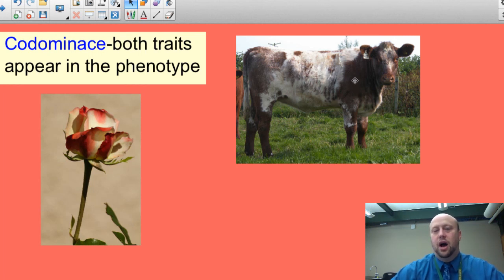You've got red fur and white fur, but it's in splotches all throughout. In fact, if you even looked in the red part, you would see a little mix of each, and obviously you can see a little mix of each here. So it's not a blend of the color to get a lighter color that's both of them, but instead they're each displayed in different areas. And remember, that's the phenotype, okay? The phenotype, of course, is what we can actually see.